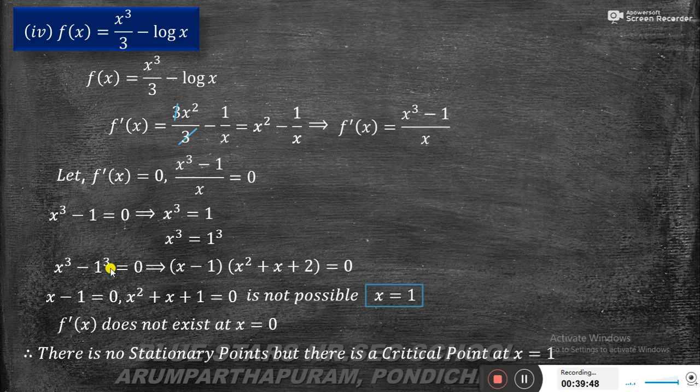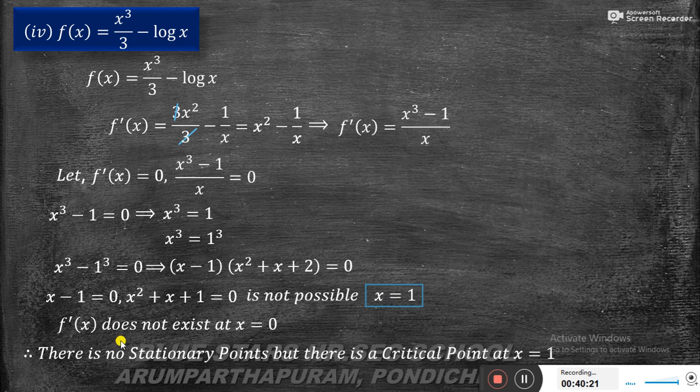So (x minus 1) into (x square plus x plus 1) equal to 0, since ab means x into 1 and b square is 1 square, which is 1. Here there are two factors: x minus 1 and x square plus x plus 1. So x minus 1 equal to 0 and x square plus x plus 1 equal to 0. The latter is not possible, so x equal to 1.